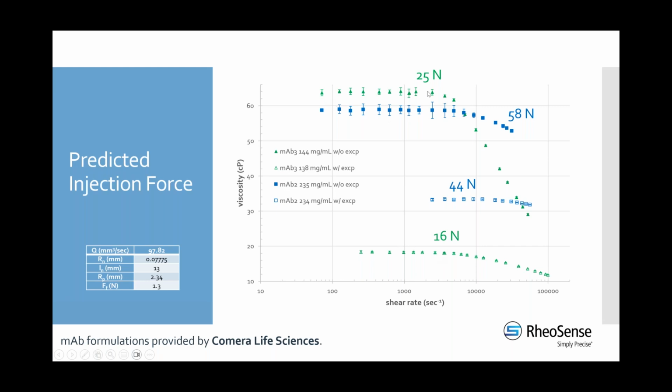So we can see how that fluid viscosity curve changes with shear rates, and then we can see how our prediction of the injection force changes with the introduction of that excipient. And likewise with our other type of antibody formulation, we can see how that changes. And of course, this is, as I stated, for a very specific delivery system. So you could then adjust this for your needs, but you could do that calculation for yourself.